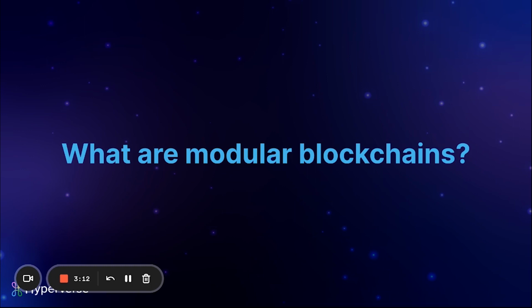But the problem arises when they begin to scale and have a lot more transactions, because there's always a trade-off between decentralization, security, and scalability, i.e. the blockchain trilemma. And so we see that Bitcoin and Ethereum have picked decentralization and security over scalability and have very high transaction fees. But we have other blockchains like Solana that made different trade-offs.